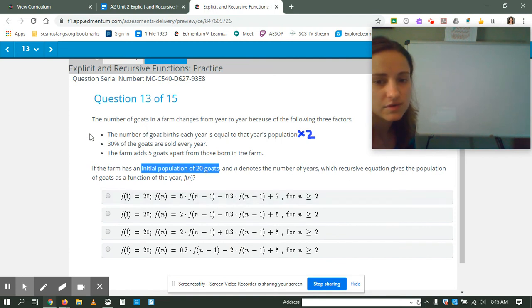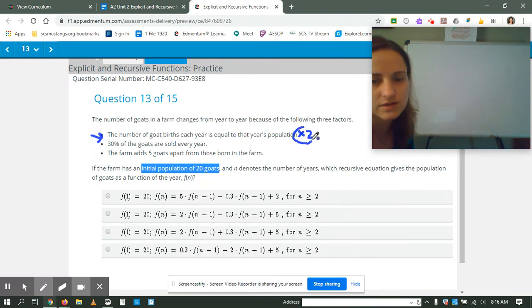That doesn't really help us narrow down anything. So I'm going to work through the values that they have up here, and that's how they've got them lined up down here. For the very first one, it says the number of goat births each year is equal to that year's population.